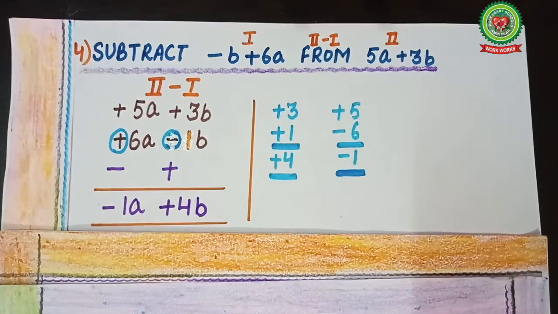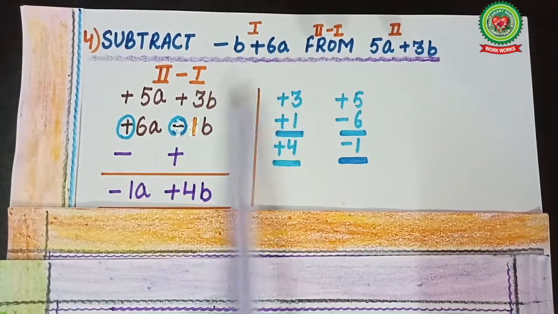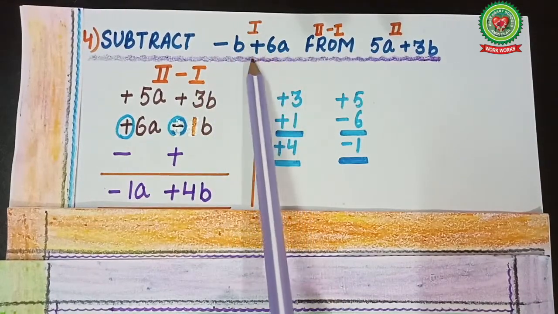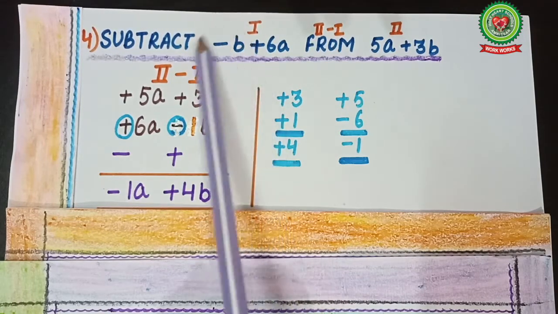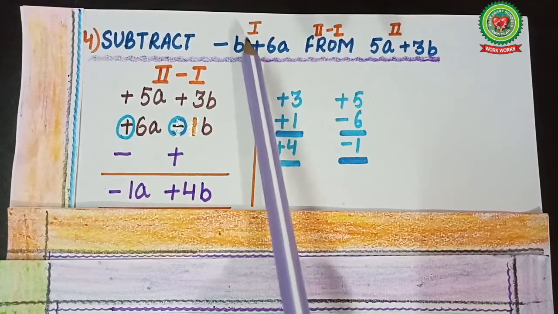Now you will write here the first expression. So the first expression is this, minus b plus 6a. Now here you will see that the first term of this expression is minus b. Now you will be very careful about the variables and you have to write this minus b just below the term with the variable b.